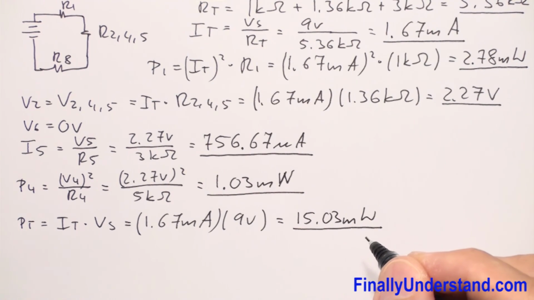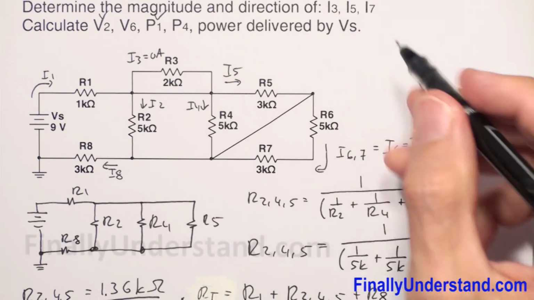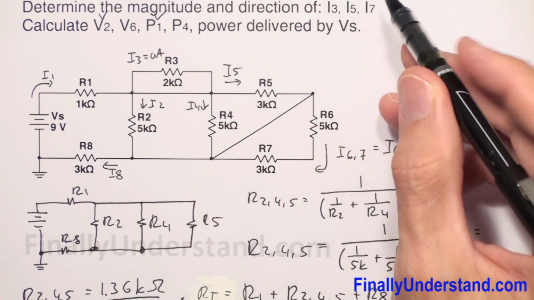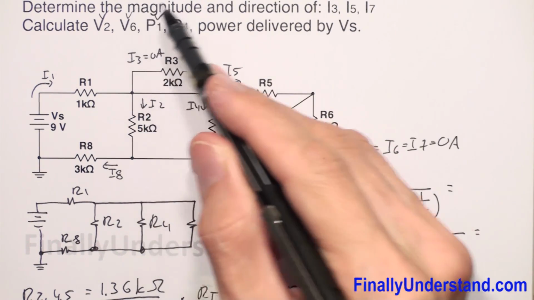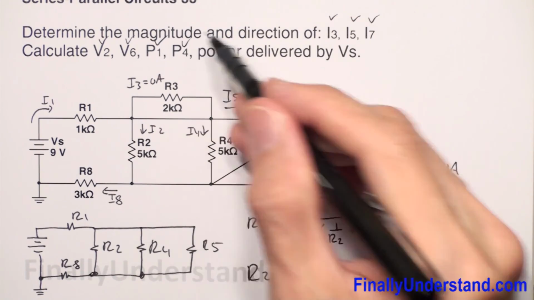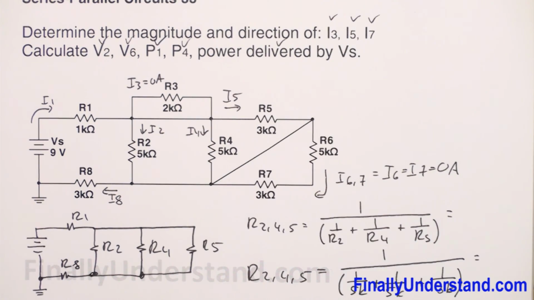Okay, so this is the total power in my circuit. So we found I3, we found I5, we found V2, V6, we found P1, P4, and P total. So we can say that the problem is solved.